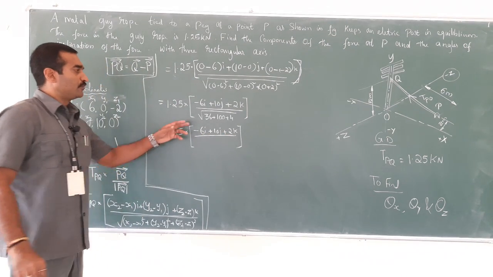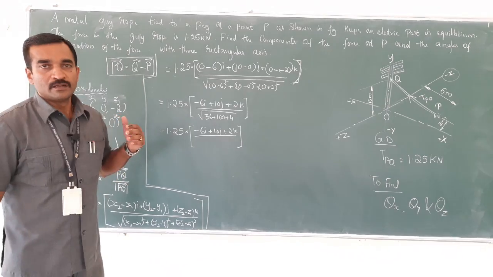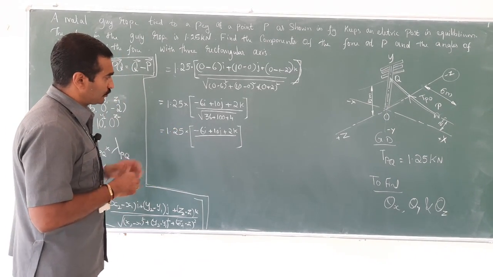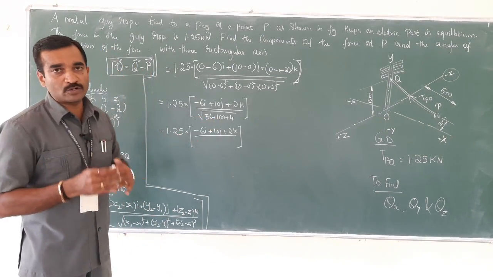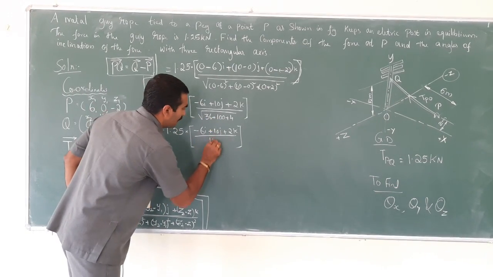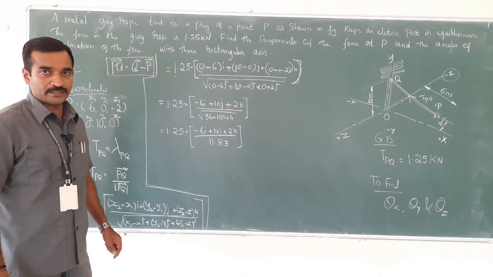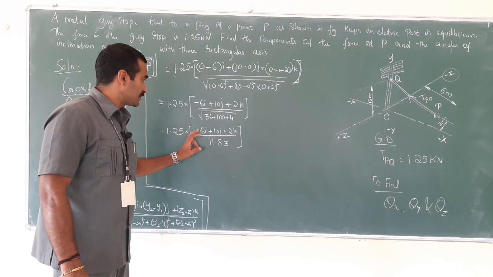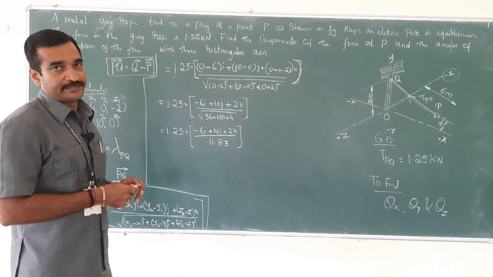The sum of this, 36 plus 100 plus 4, would be root of 140, right? Root of 140, if you feed the values in your calculator, you will get 11.83. Got it? Now divide each of the ijk components by 11.83.